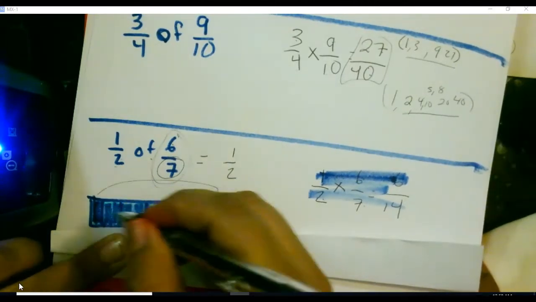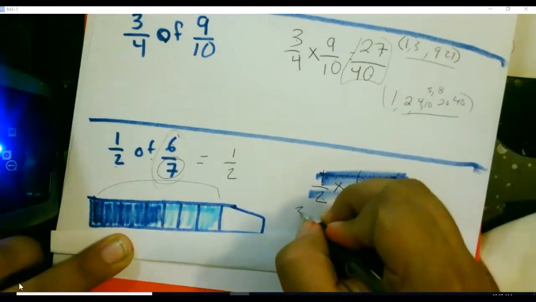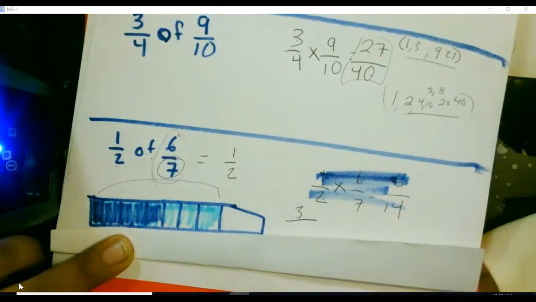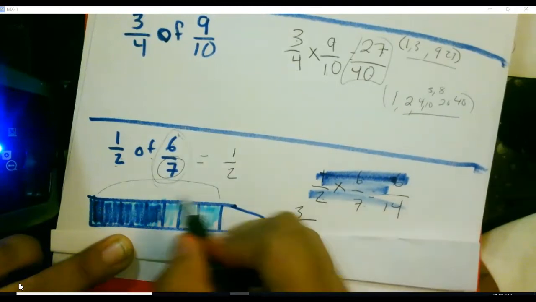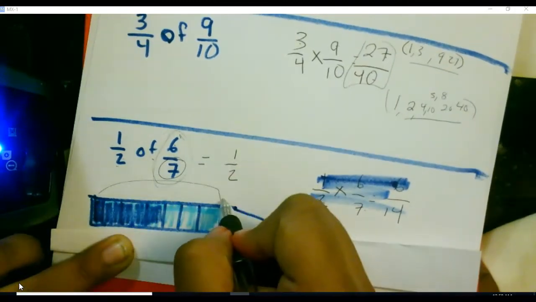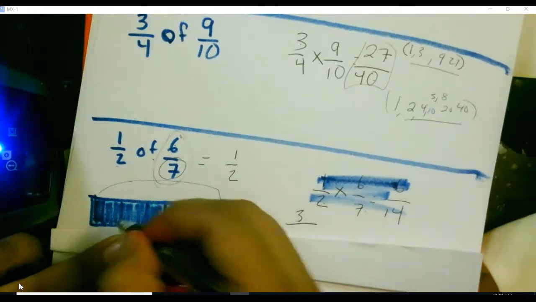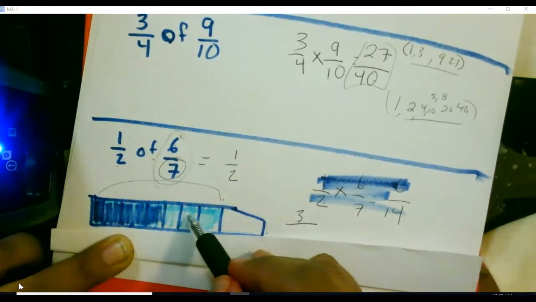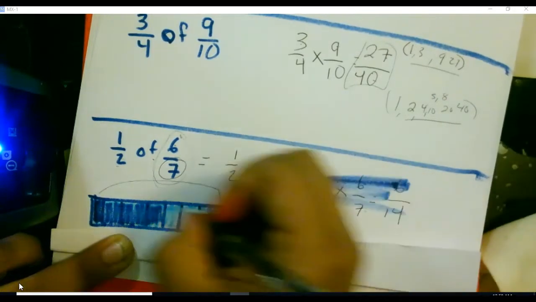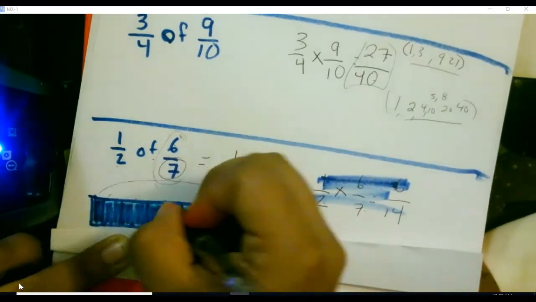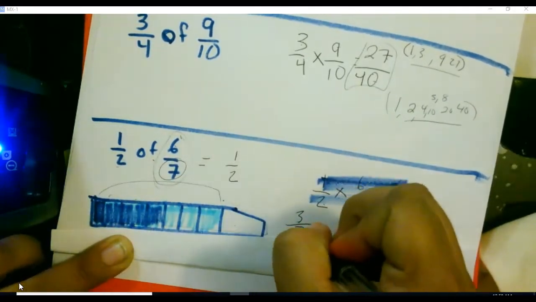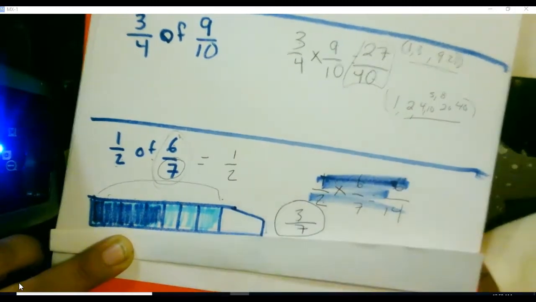So I have 1, 2, 3. Now here's the tricky part. It will be 3, not 3 of 6. You will do it out of all the squares that you have in your model. So we have 1, 2, 3, 4, 5, 6, 7, right? So it's 1, 2, 3 out of 7. So my answer is 3/7.